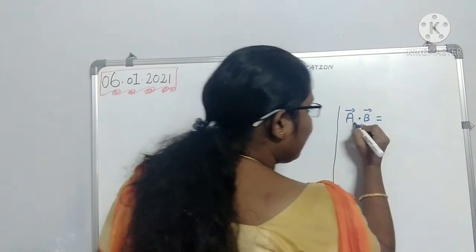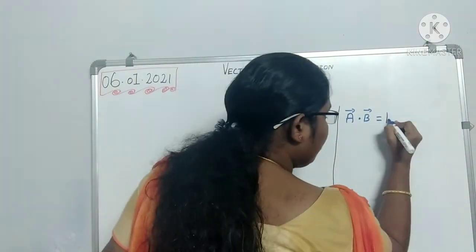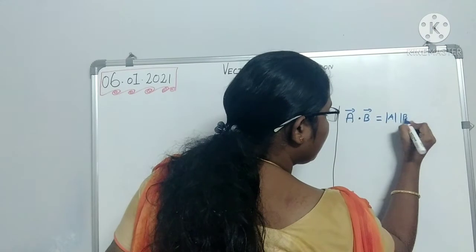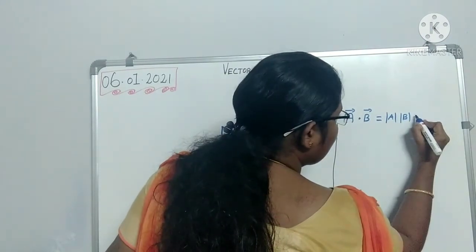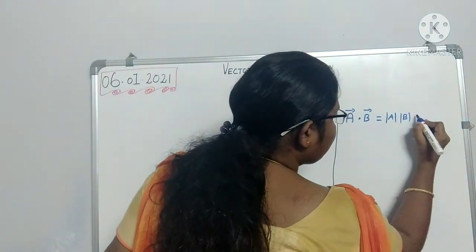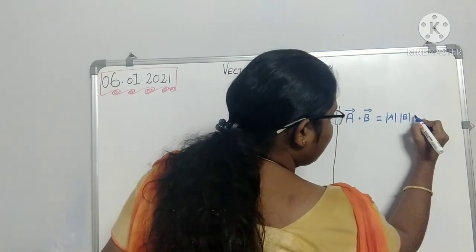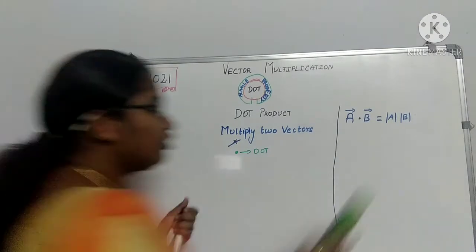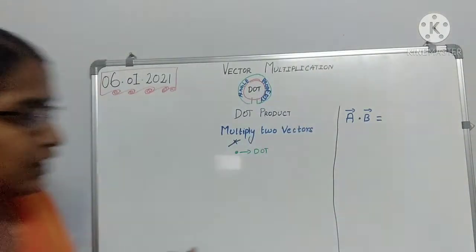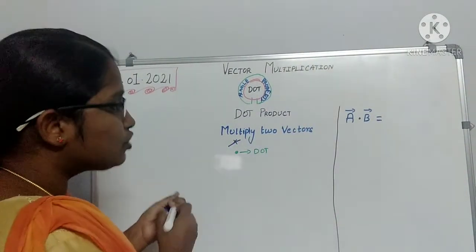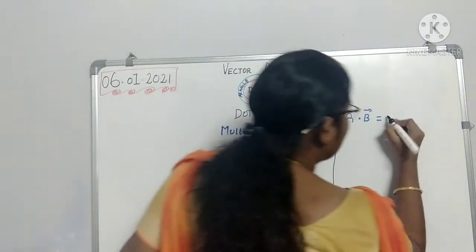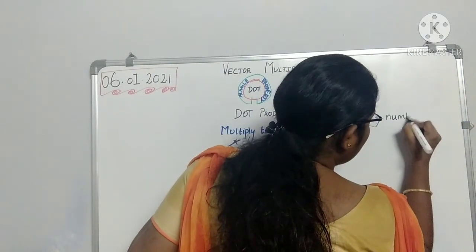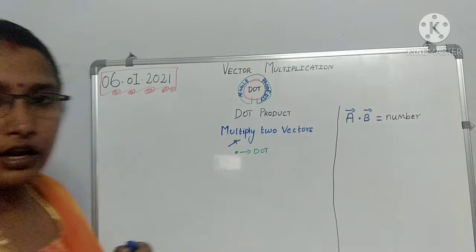So, A vector dot B vector will give mod of A into mod of B. Before seeing the mod of A into mod of B, we are going to see only this A dot B. So, A dot B will give you the number alone.